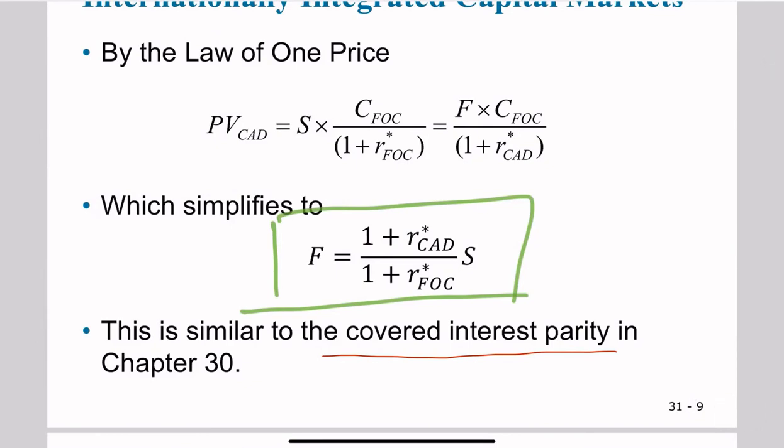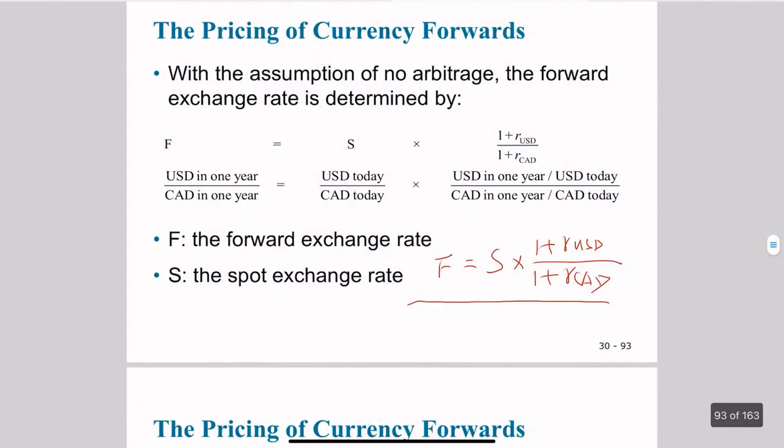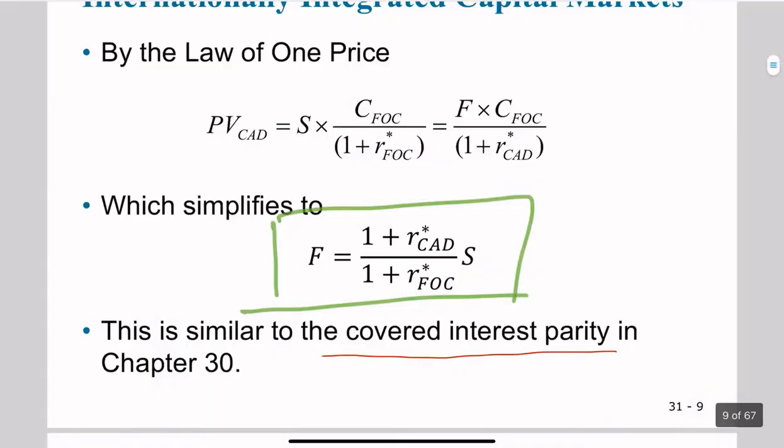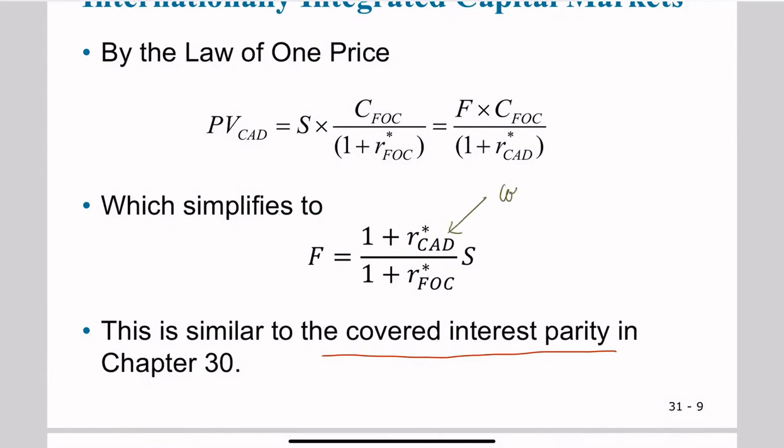The only difference is that in the covered interest parity, you're using the risk-free rate, and here, for this formula, you're using the cost of capital for your project.